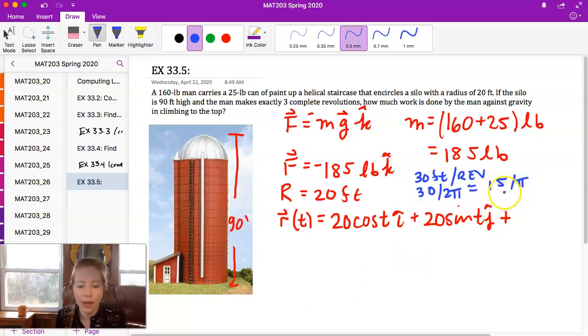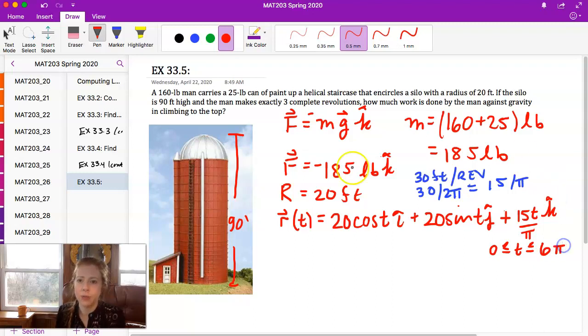Okay, so our k component is going to be 15t over pi k hat upward. And then our time interval is going to be 0 less than or equal to t less than or equal to 6 pi, since we want 3 full revolutions.